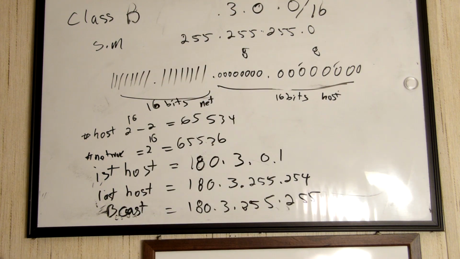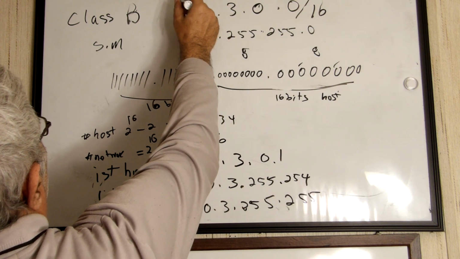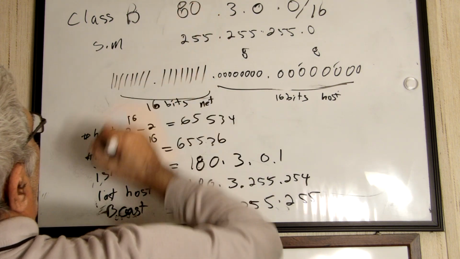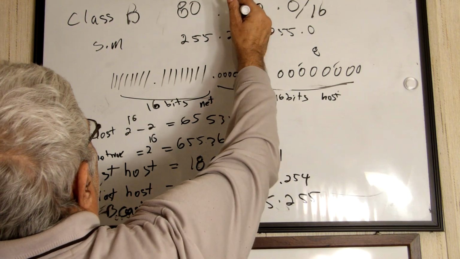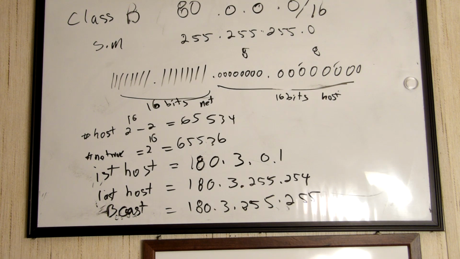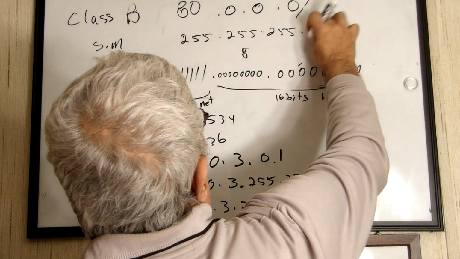We have Class A now. Class A starts from less than 126, for example 80. The network address is there, and this is going to be 8.